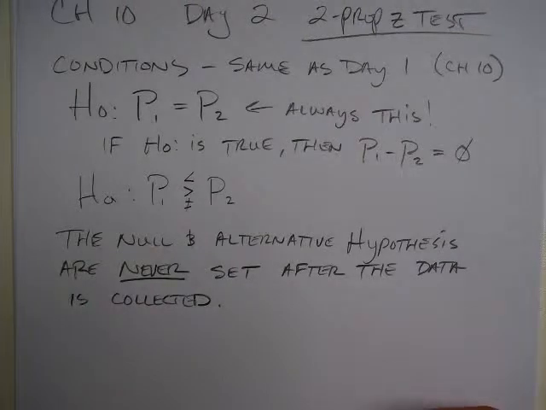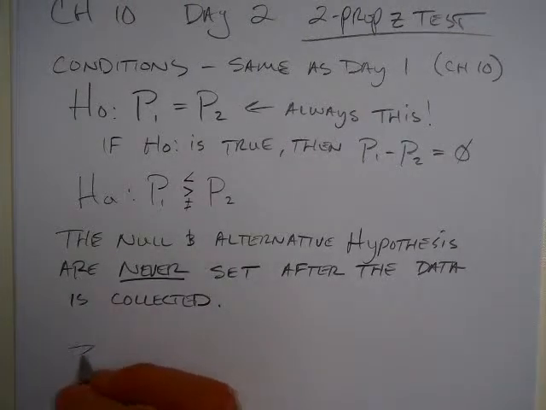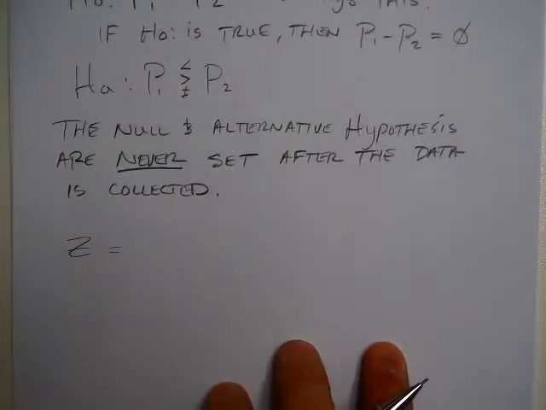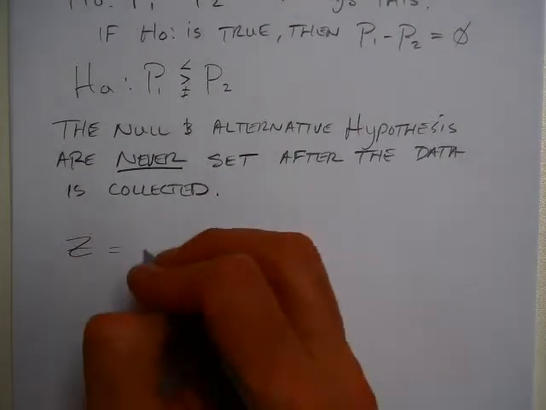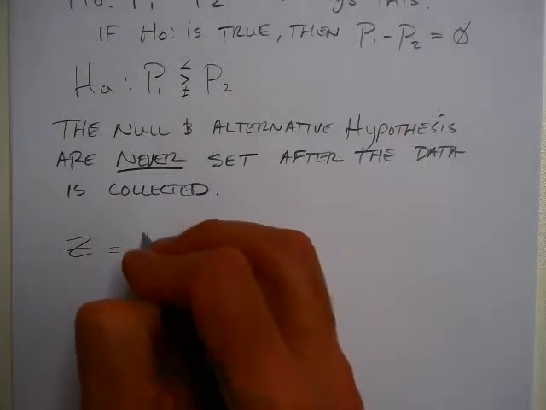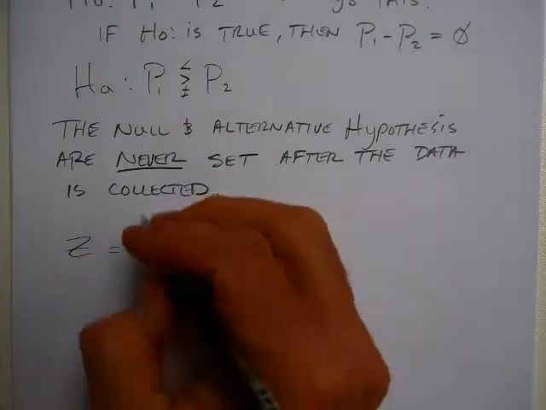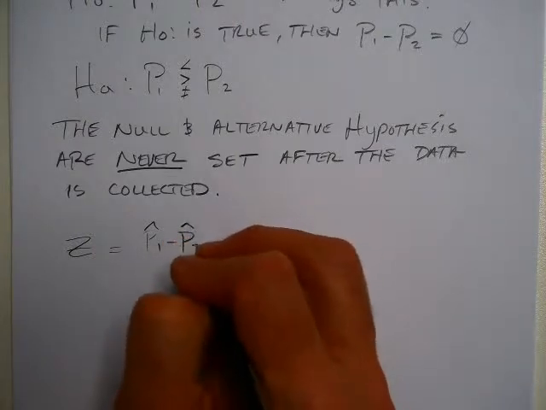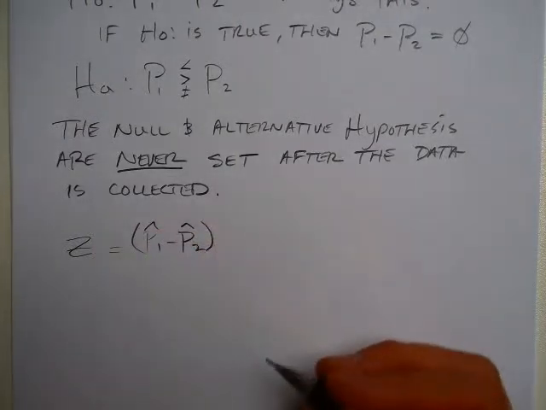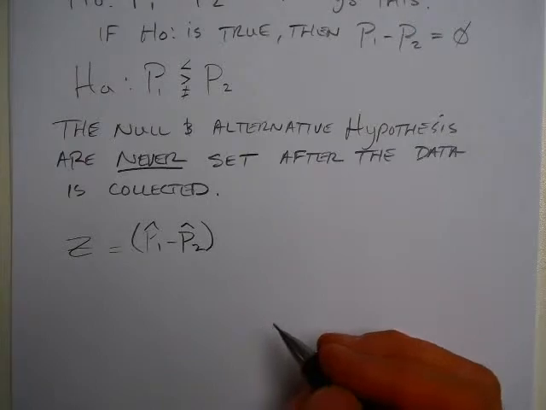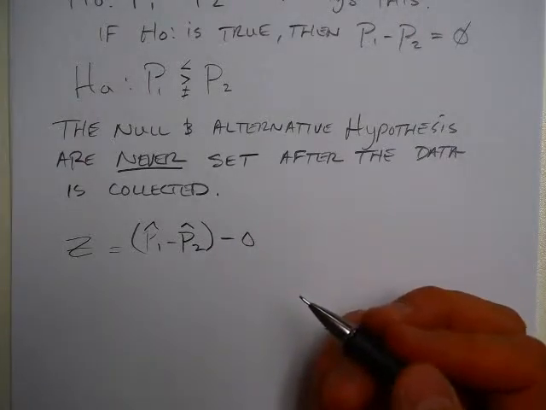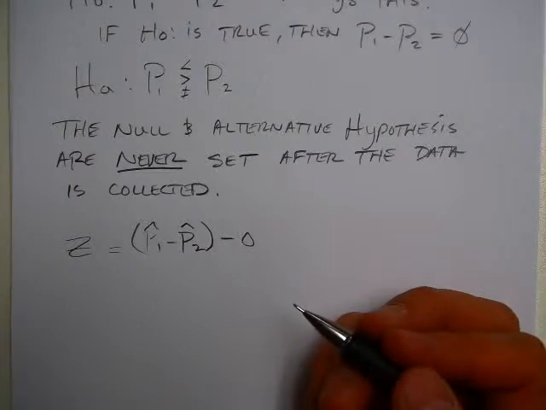So we're almost done with notes. Z equals the difference in p hat 1 minus p hat 2. Put those guys in parentheses. Minus 0. How do we get z? We always get z by standardizing, right?